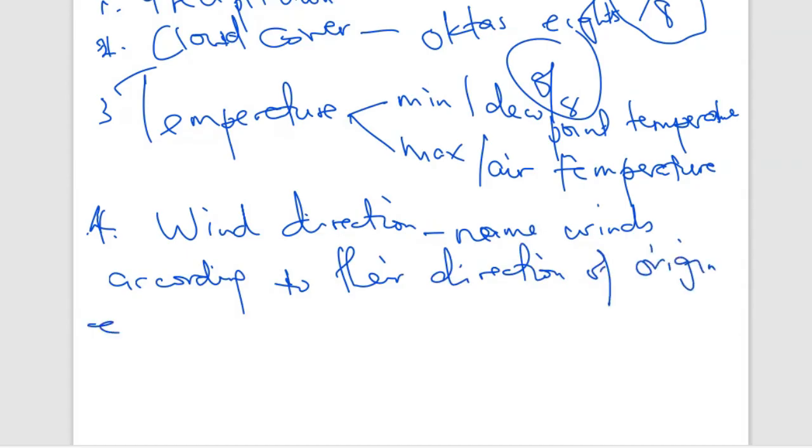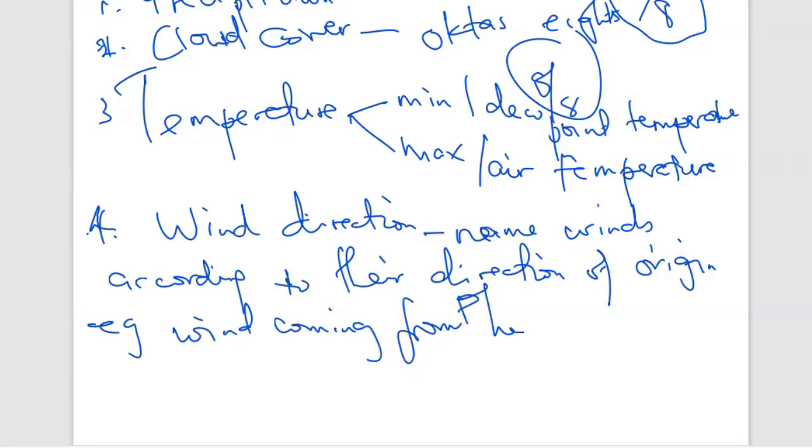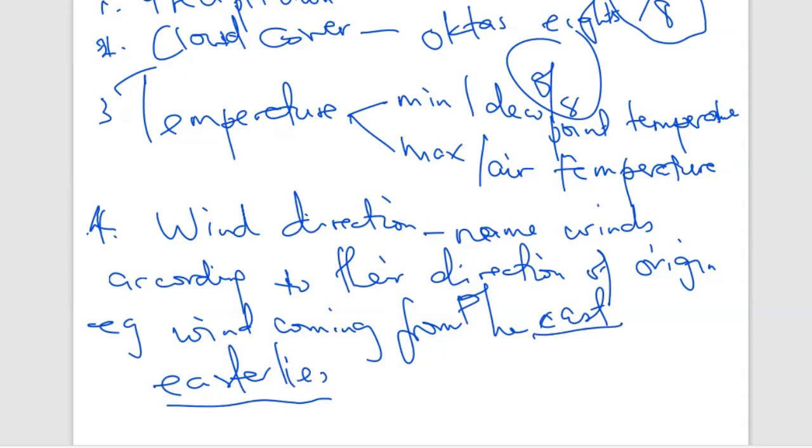For example, winds which are coming from the east, we name them easterlies, for the sake that they come from the east. We name winds according to their direction of origin, where they come from. That is how we name them. So winds coming from the east are called easterlies, and winds coming from the west we call westerlies. That is how we name our winds geographically.